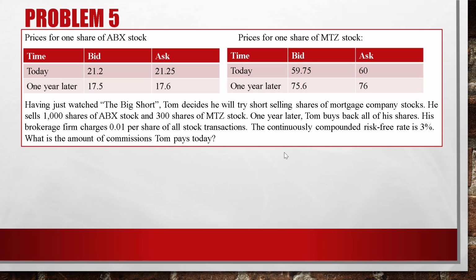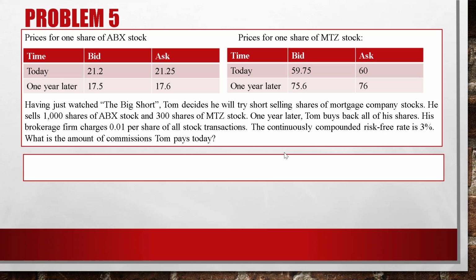So for the prices of ABX today we sell, so we have to use the bid price. So we got 1,000 times 20.2 plus 300 times 59.75, and because his brokerage firm charges 0.01 per share, so we have to take that times 0.01. So today the commission paid by Tom is 13.